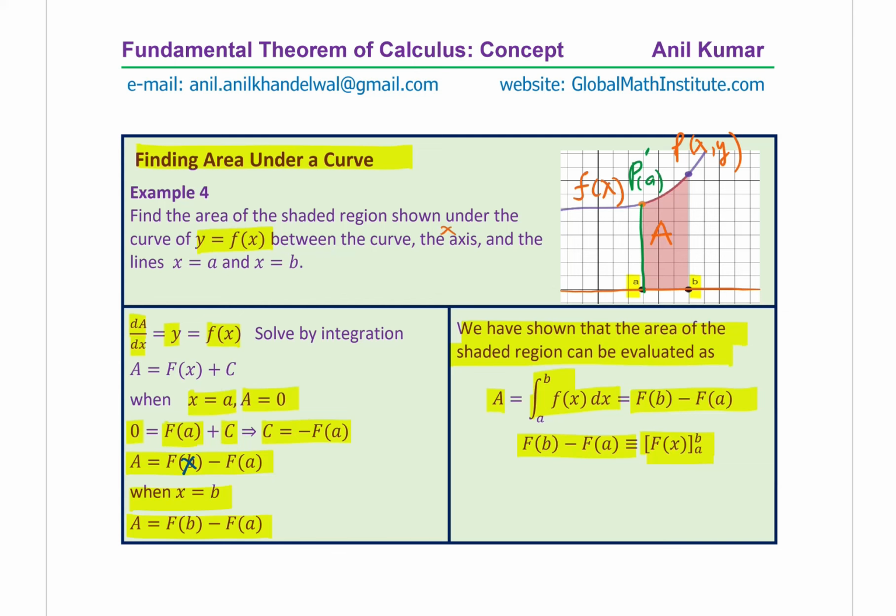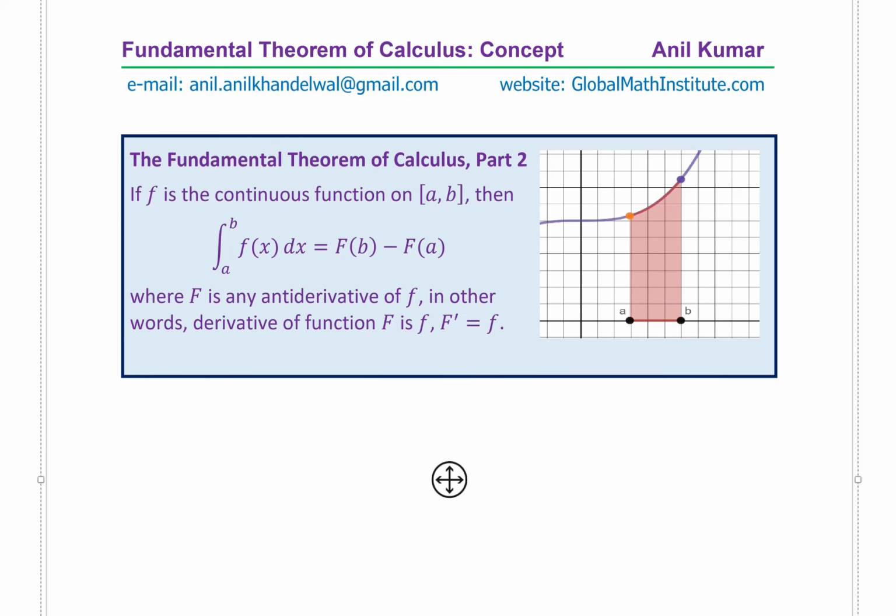So here we have shown that the area function is the integral of the function itself within the two boundaries. The condition should be that the function is continuous within these boundaries. That is the condition.